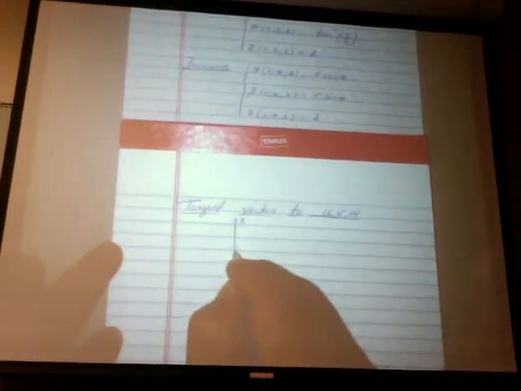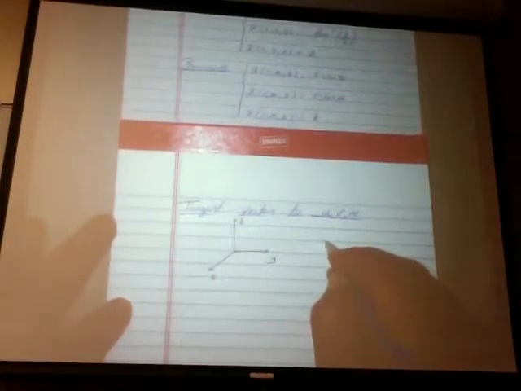So, the tangent vectors to u, v, and w, say given the system x, y, z, and then somewhere here the system w, v, u.